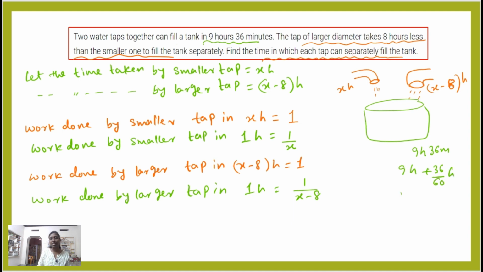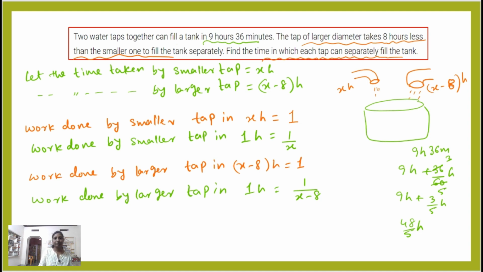Convert it into hours: 9 hours plus 3 by 5 hour, after cancelling by 12. Take the LCM. It is a mixed fraction, so convert it into an improper fraction. You will get 9 fives are 45, plus 3, so 48 by 5 hours. It means two water taps together can fill a tank in 48 by 5 hours.